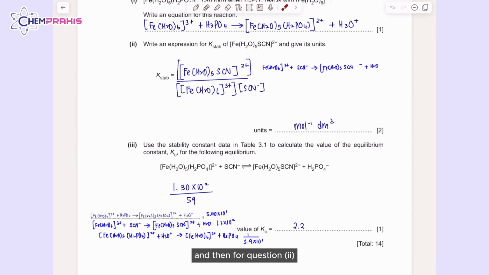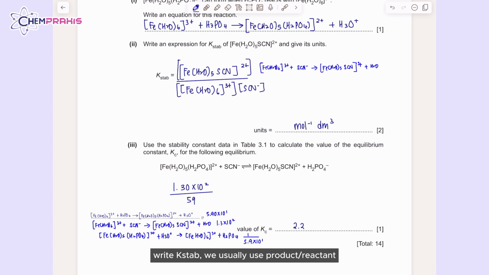And then for question Roman 2, write an expression for Kstep of [Fe(H2O)5SCN]2+ and give its unit. So this is the equation for the ligand exchange. As you can see, this is [Fe(H2O)6]3+ and they react with SCN- to form [Fe(H2O)5SCN] with 2 positive charge.